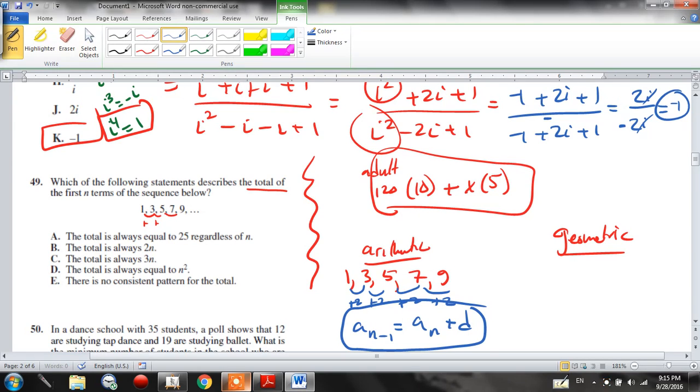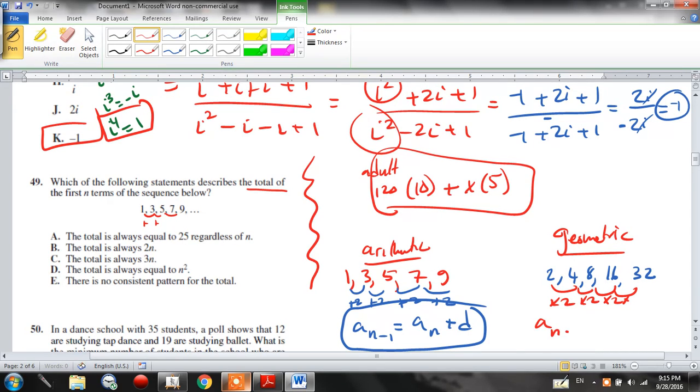For a geometric sequence, it's being multiplied. So it's like 2, and then times 2: 4, 8, 16, 32. So here it's times 2, times 2, times 2, times 2.